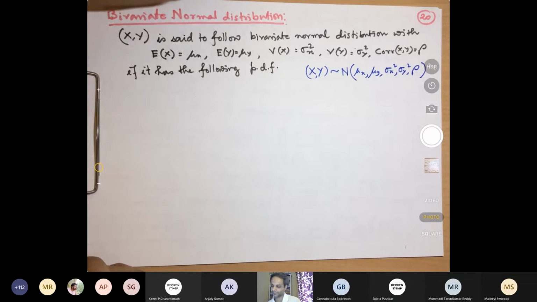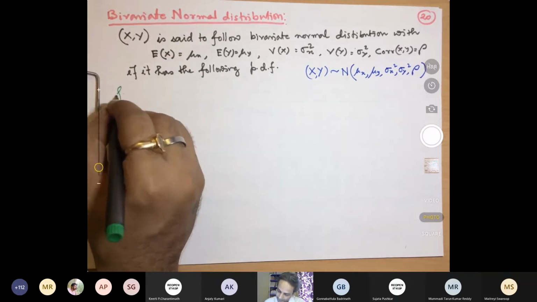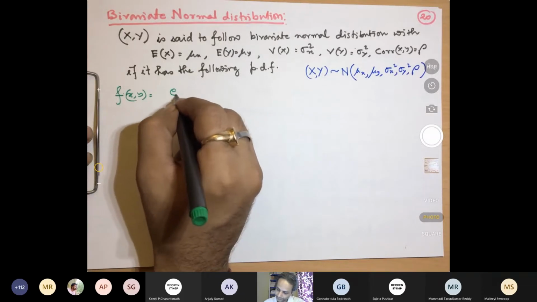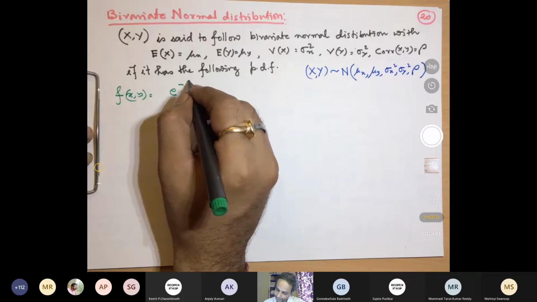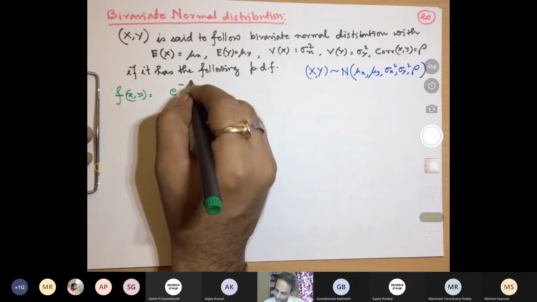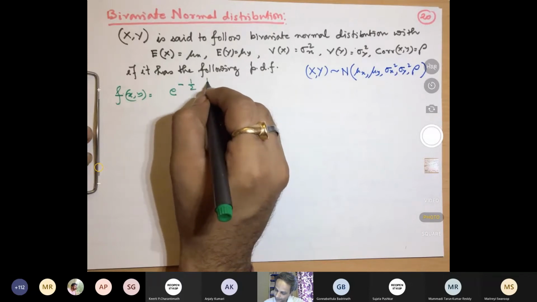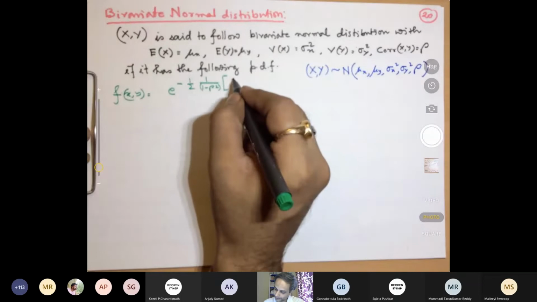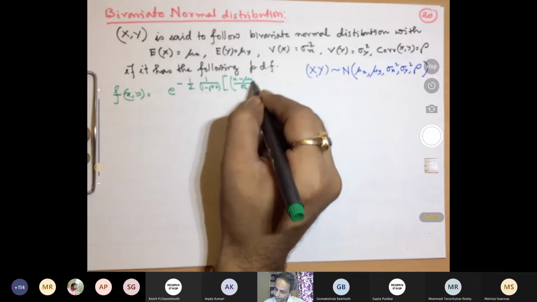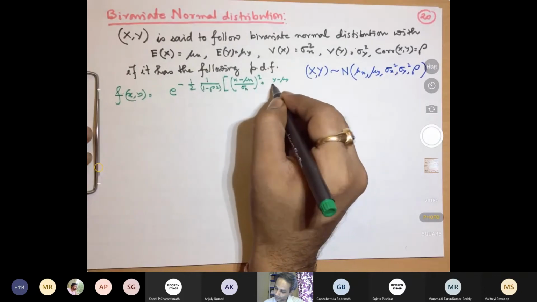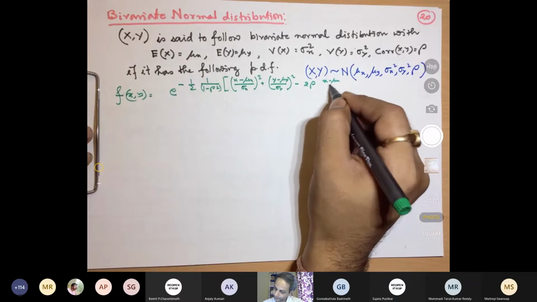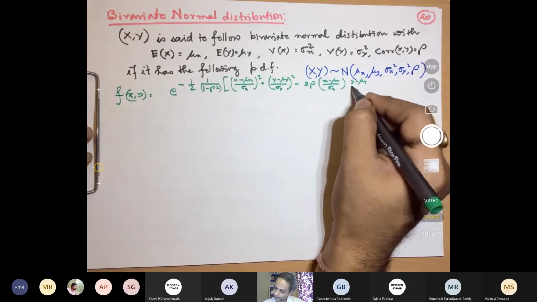Let us define the PDF. This is f of x, y equals e to the power minus half into 1 upon 1 minus rho square, and then there will be a big component: x minus mu x by sigma x whole square plus y minus mu y by sigma y whole square, minus 2 rho, x minus mu x by sigma x, y minus mu y by sigma y.